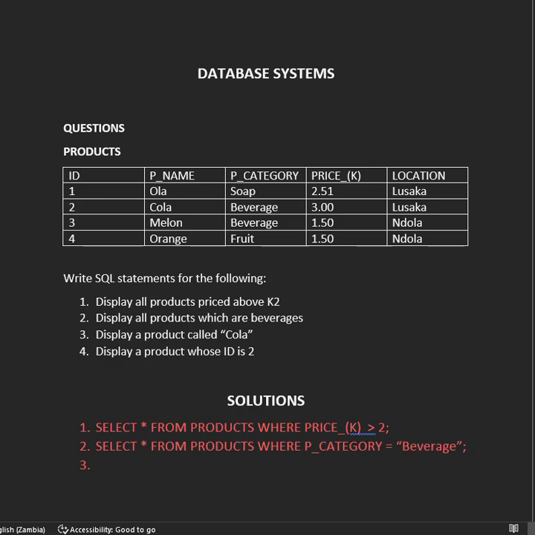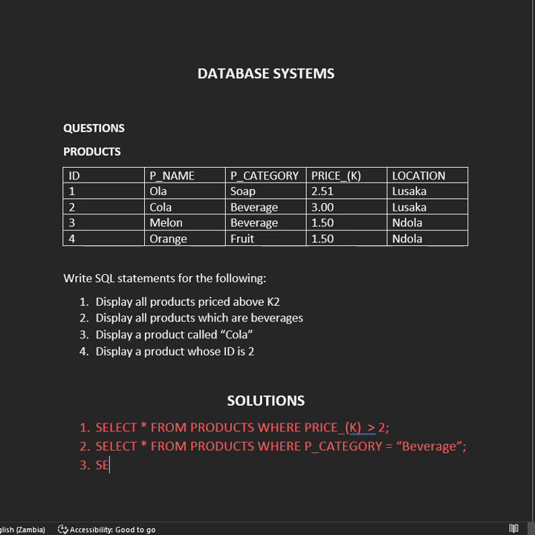Now we go on to question 3. Display a product called cola. Here we're looking for a product that is called cola. It is basically the same thing we did in question 2.